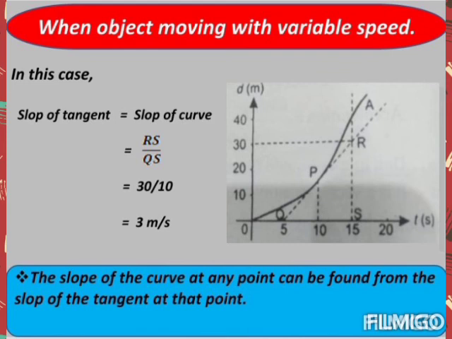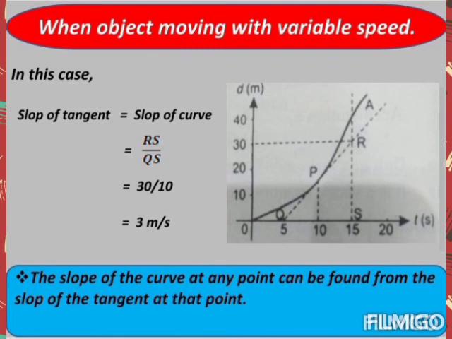The value of RS: at point S the distance is 0, and at point R the value is 30. So 30 minus 0 becomes 30. And if we take the values of base QS, there are two values. At point Q there are 5 seconds, and at point S there are 15 seconds.